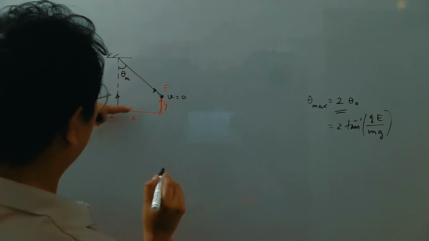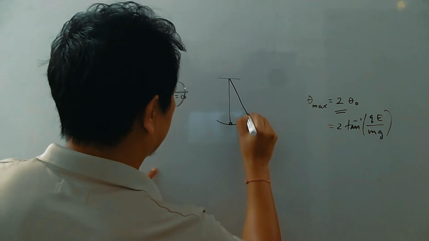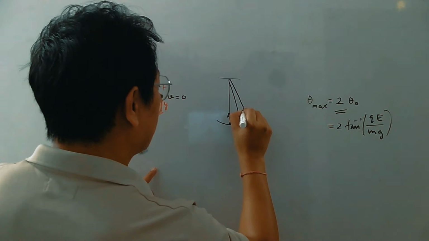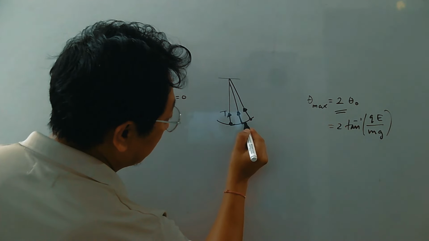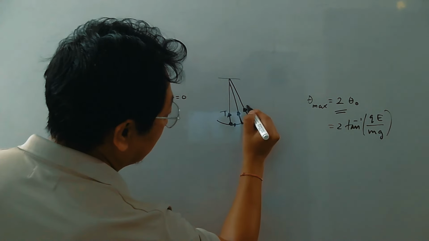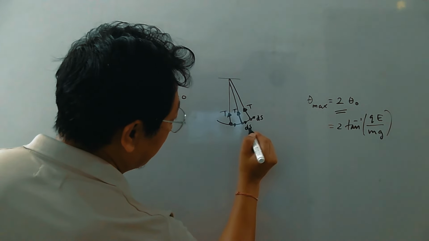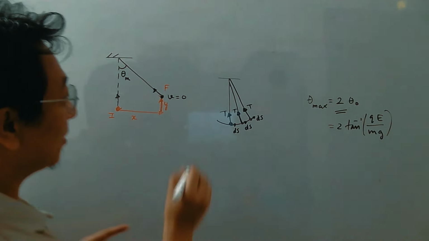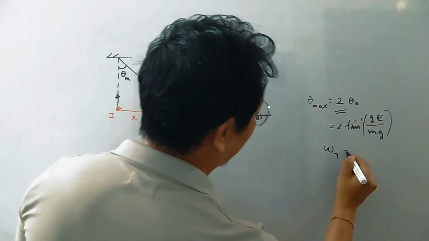As our pendulum is going this way, there will be a tension force T. But if you notice carefully, this tension force and the small displacement along this path are all perpendicular. So work done by tension in this problem is 0.